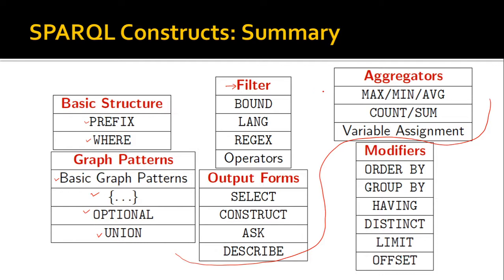The very basic modification is that you have, say, 10,000 results and you want to limit that to the first 1,000 results. You might want to see the distinct set of results, not everything. You want to constrain your result by using something called having. You want to group your result. You might want to order your result. These are called the modifiers, and we'll see that for each of them we have a corresponding algebraic operator.